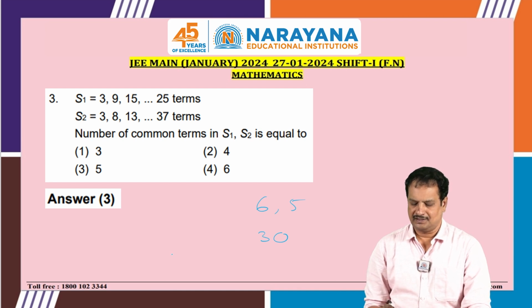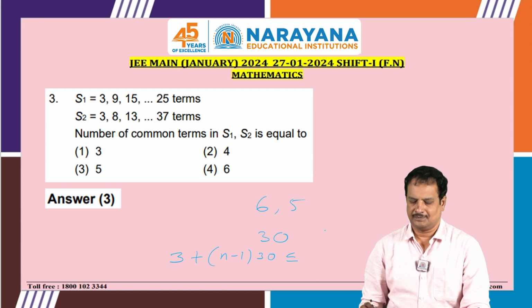So you can take 3 plus, because that is the first term, n minus 1 into the common difference 30, since we don't know the number of terms. This should be less than or equal to the 25th term of the first one. So what I mean is 3 plus, 25th term minus 1, which is 24, into the common difference, that is 6.